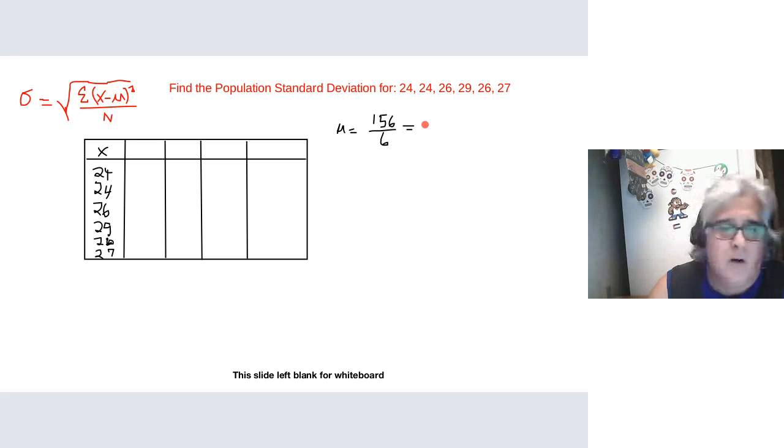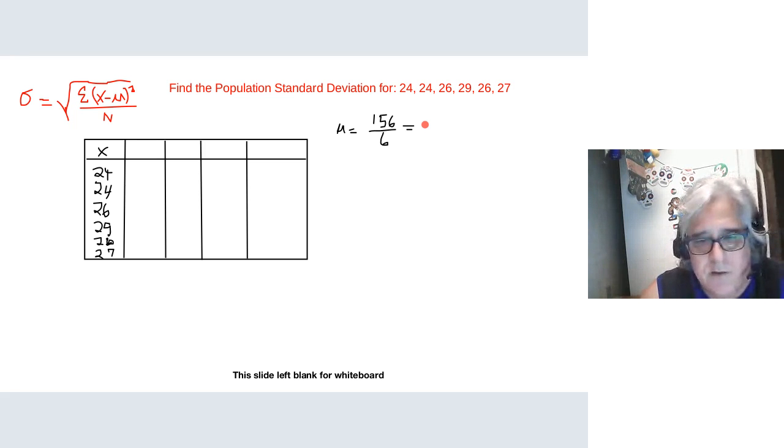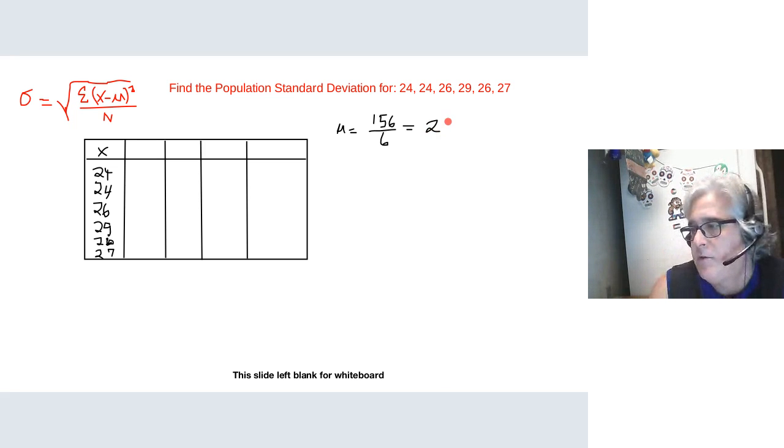It's always for the mean. It's always however many pieces of data. So this is 26.